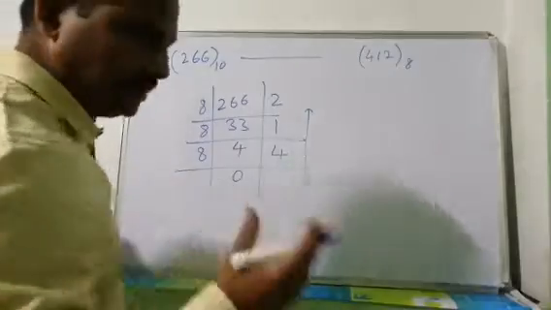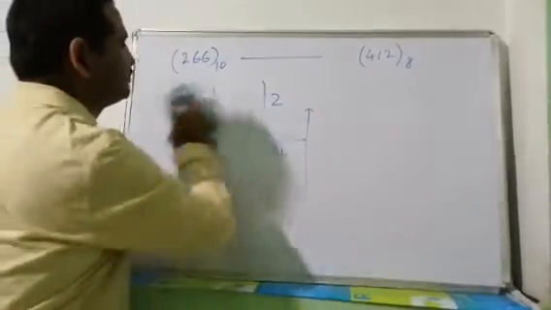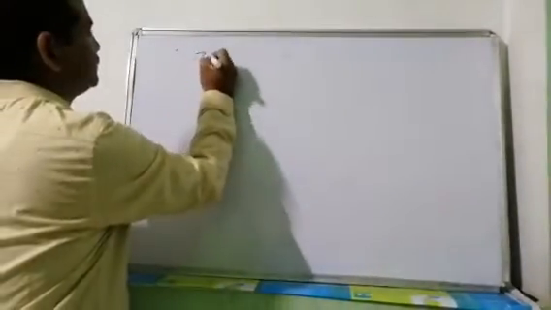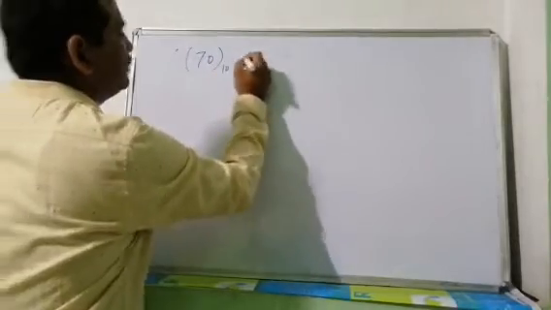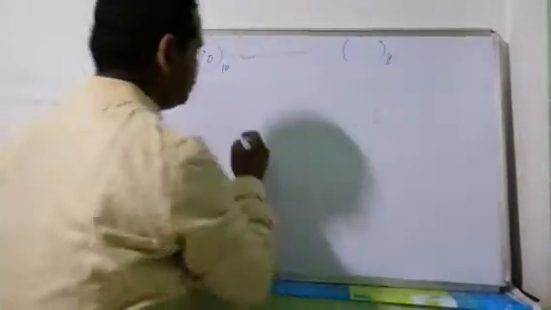So let us do one more example. 70 decimal to octal.